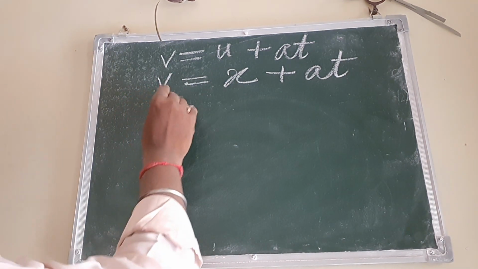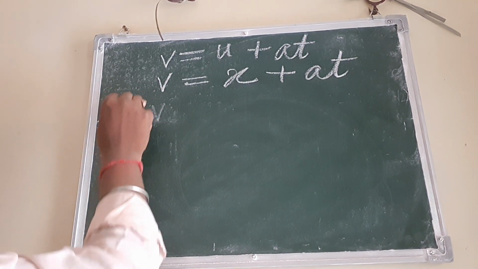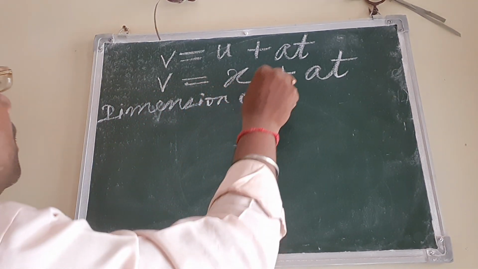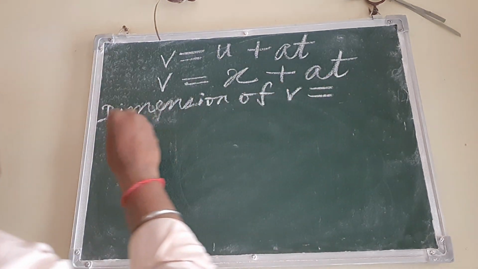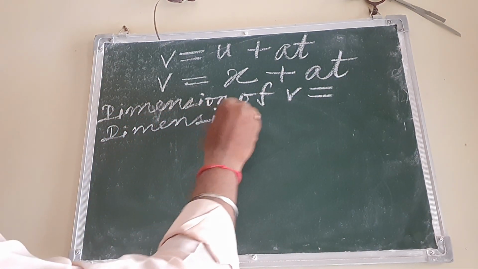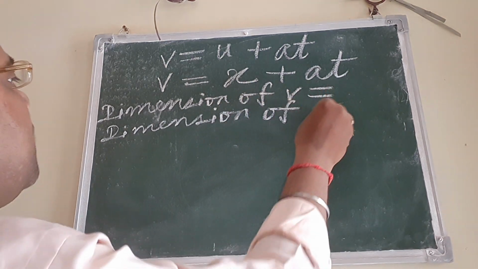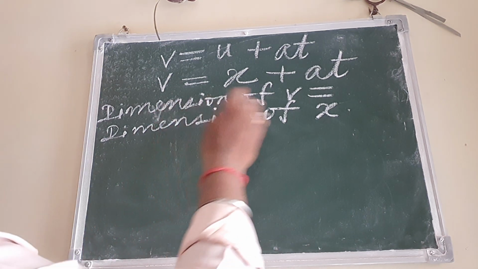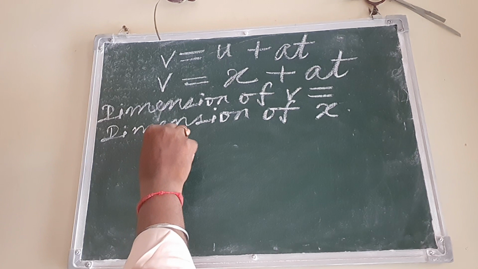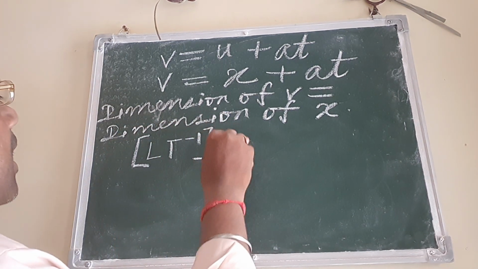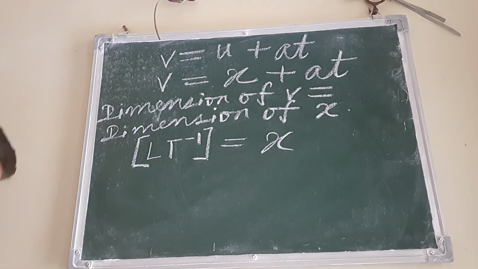So the dimension of velocity v is equal to the dimension of x, that is the unknown parameter that we have to find. Writing the dimensions of v, that is L T raised to power minus 1, that is the velocity, and that is equal to x.